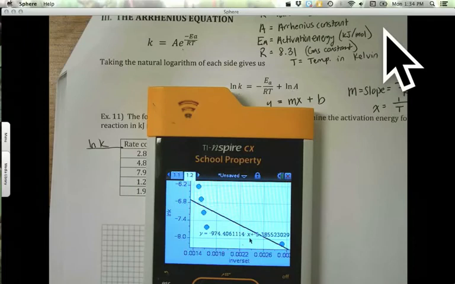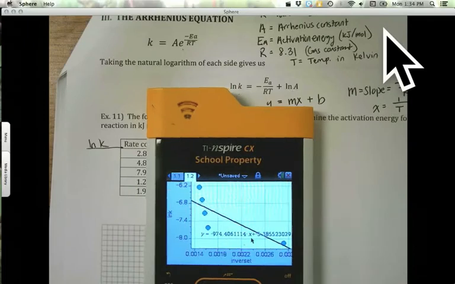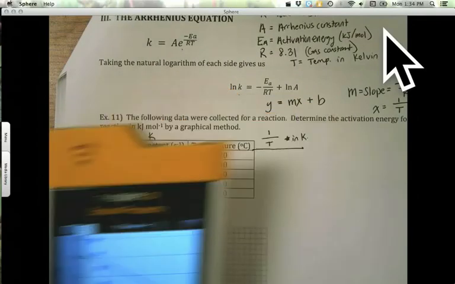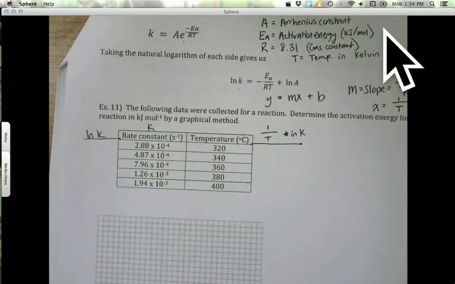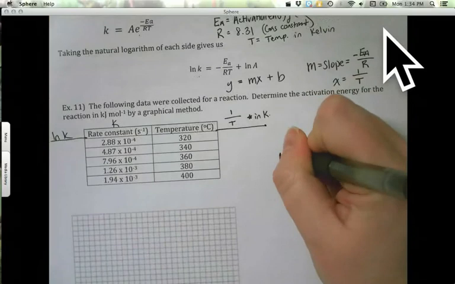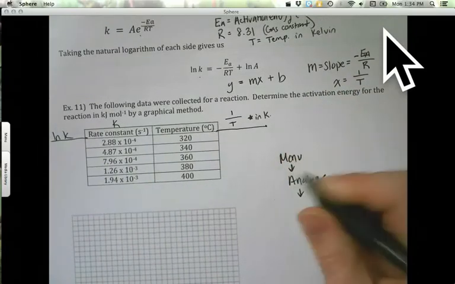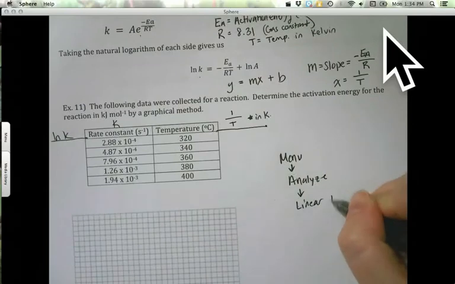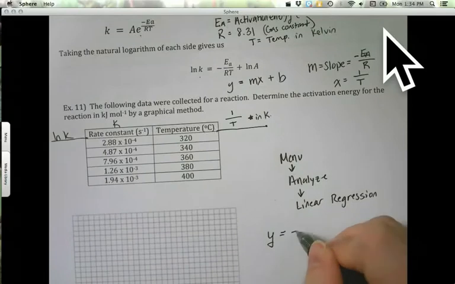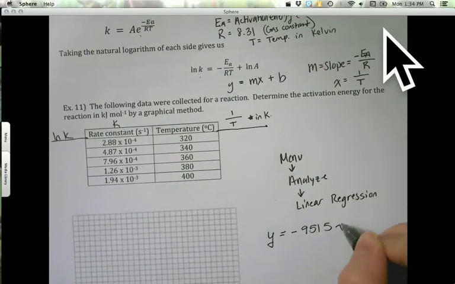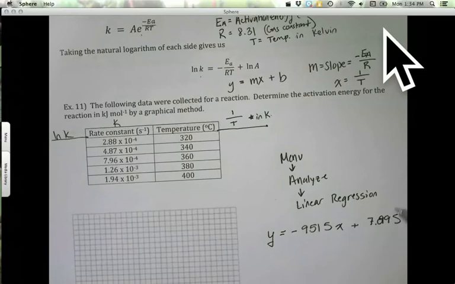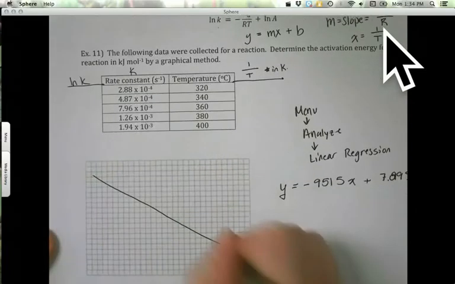And again, I don't know why I'm getting this funky line, because what I should get when I did this earlier was, so I said menu, analyze, linear regression, I got this equation. And this is what I should have gotten. So it should give me a negative slope line.